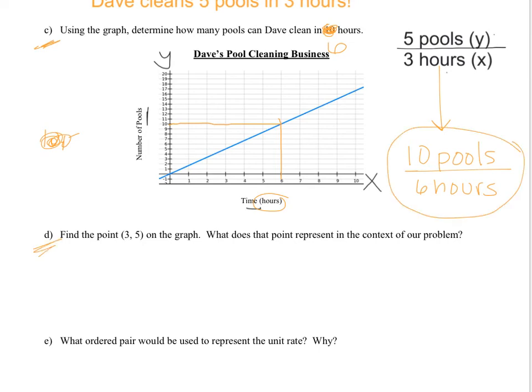All right, I'm ready for D. Find the point 3, 5. Okay, so go over 3, up 5, there's a point on our line. It's a solution to that graph. What does this point represent in context to our problem? When it says in context to your problem, make sure you use the units given.